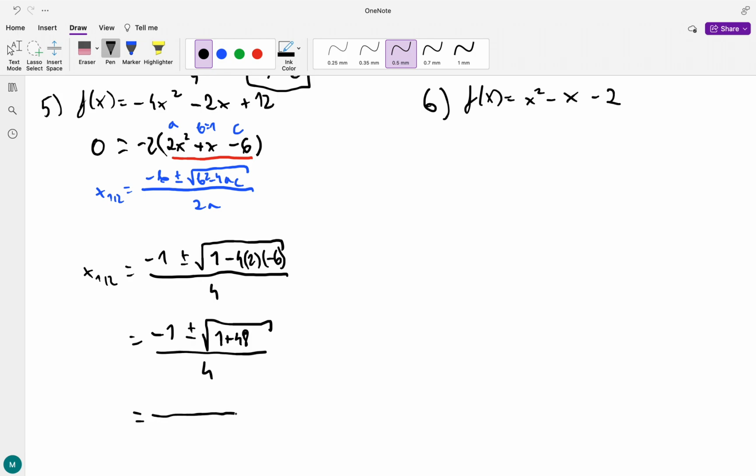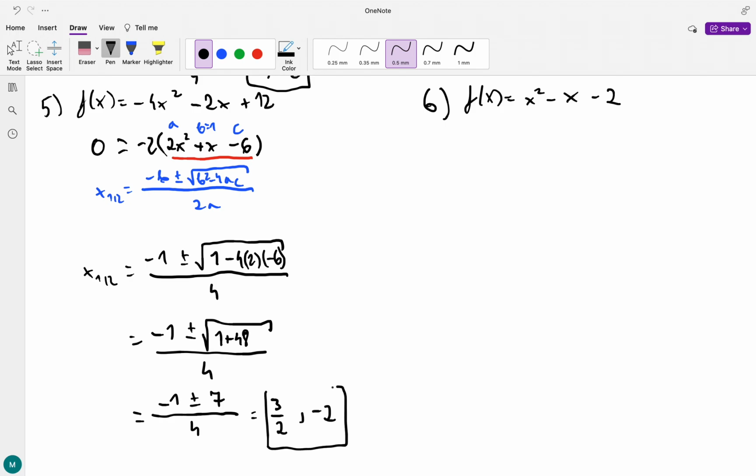We have -1 plus minus the square root of 49, which is 7, divided by 4. So we're going to have 6 divided by 4, that's 3/2. That's the positive one. And then the second one is -1 minus 7, that's -8 divided by 4, that's -2.